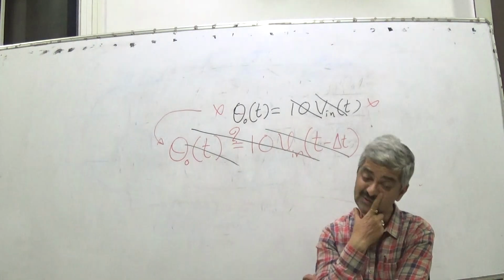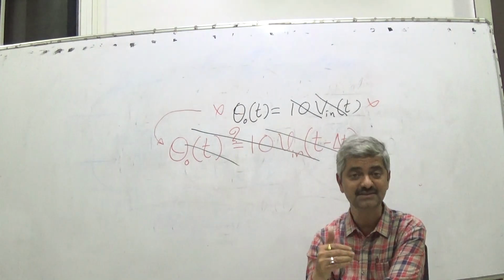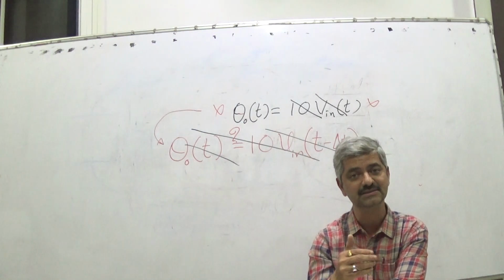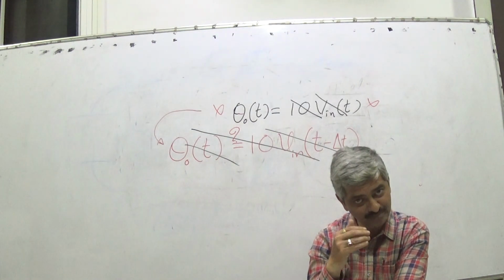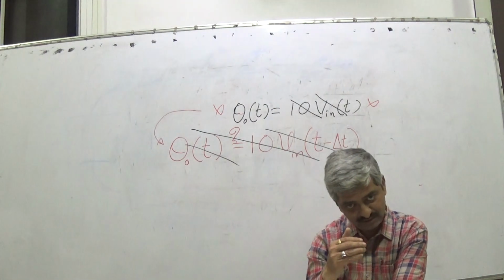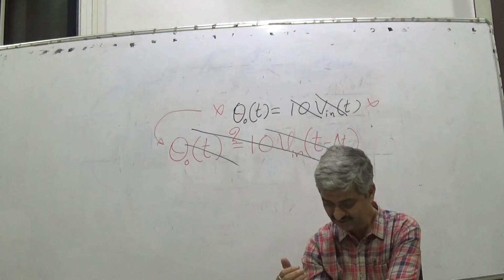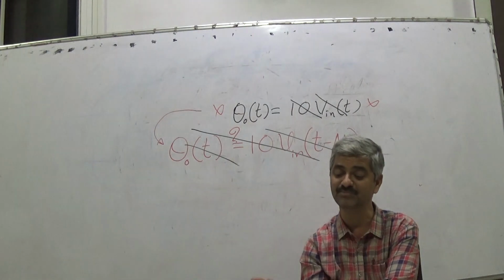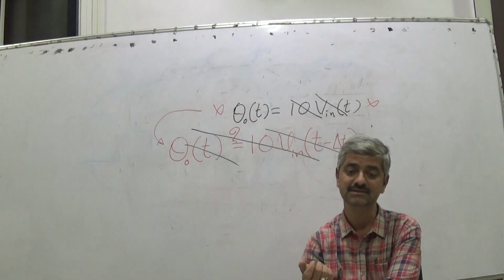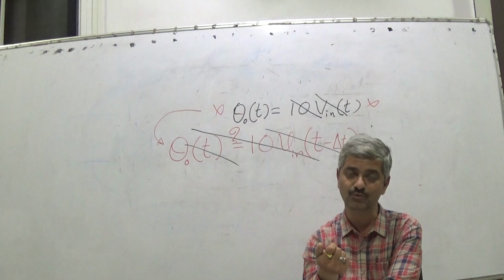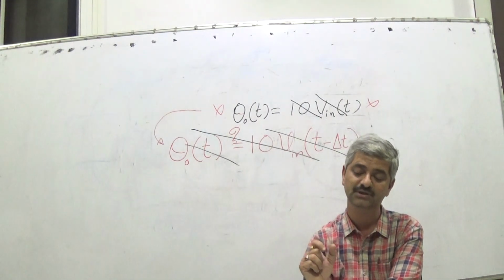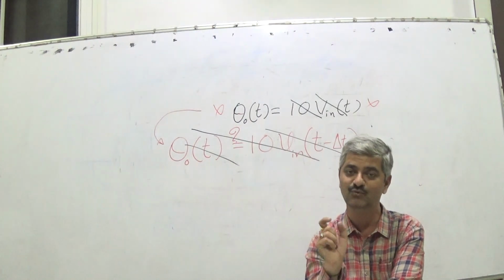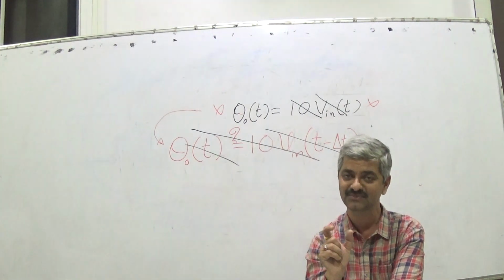Then what is it? The effect is not depending on the input just now or some time back. It is cumulatively dependent on the input in some previous time. Listen very carefully.